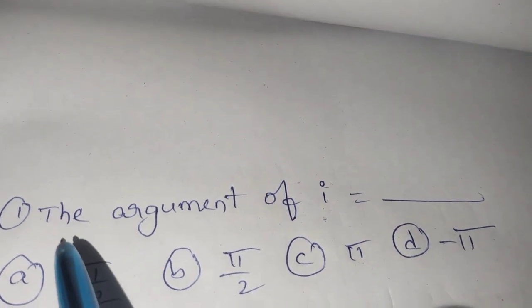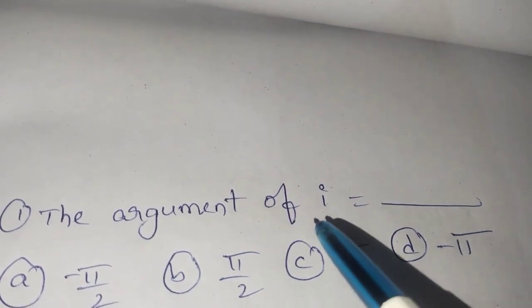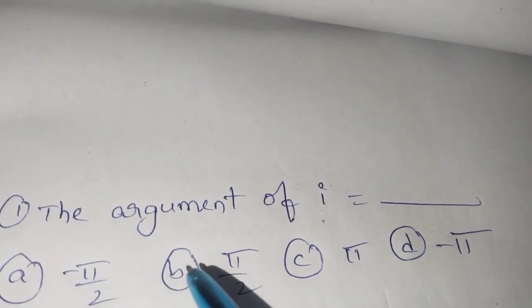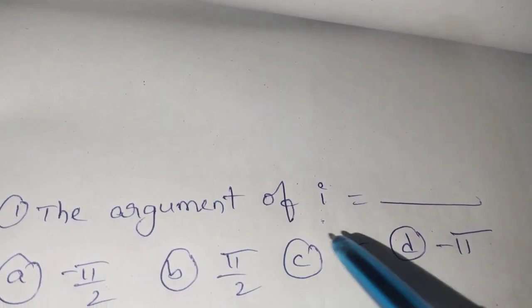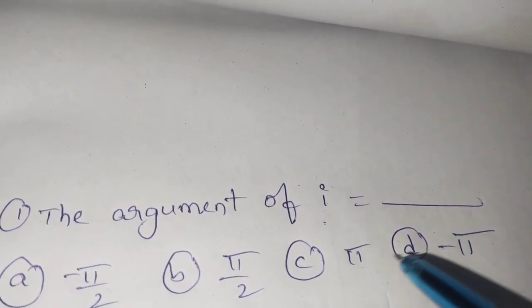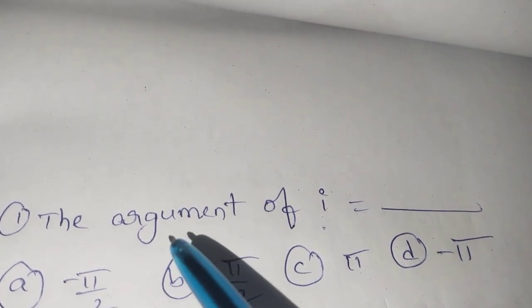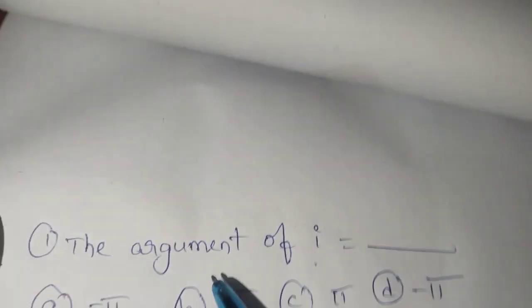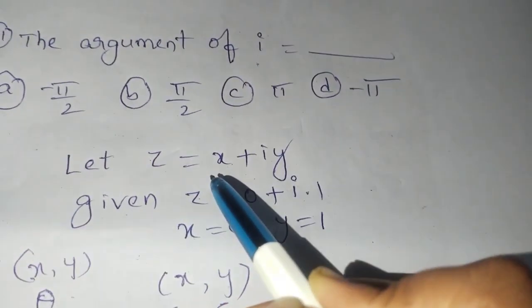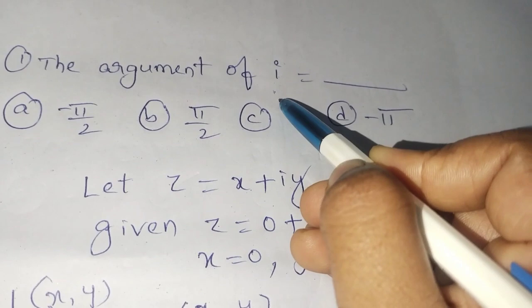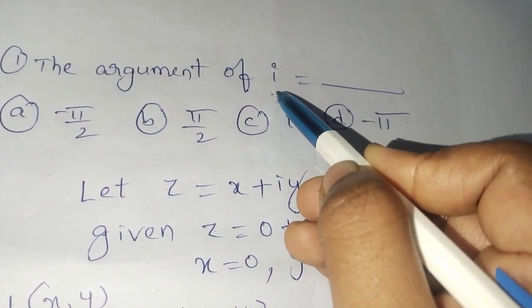Next question is, the argument of i is, option A, minus pi by 2; option B, plus pi by 2; C, plus pi; D, minus pi. So the first step, let us consider a complex number z equal to x plus iy. The given is i. So in this there is no real number.